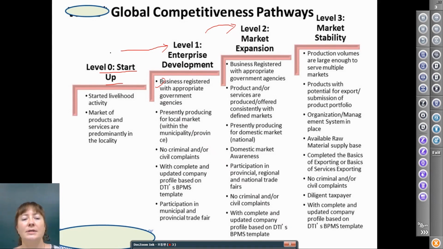Level 0, it means that we have a national strategy here or local strategy. Level 1, enterprise development, we may start our regional strategy. For example, we just apply to similar countries which have similar economies, similar geographic areas, similar technology development level.